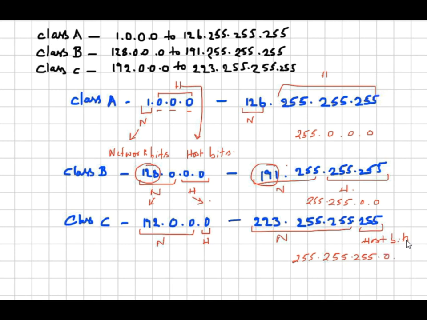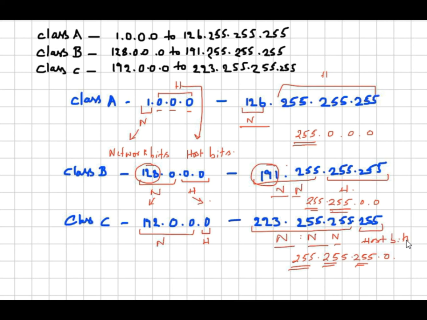If you see here, you will recognize that the subnet mask corresponds to the number of network portions in each class. Class A has only one network portion, so only one portion is 255. Similarly, class B has two network portions, so two 255s, and class C has three network portions, so three 255s. This is the default subnet mask for each class.